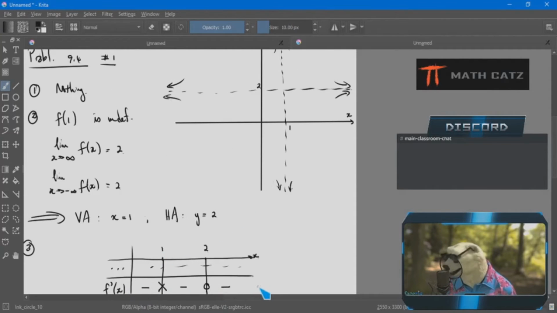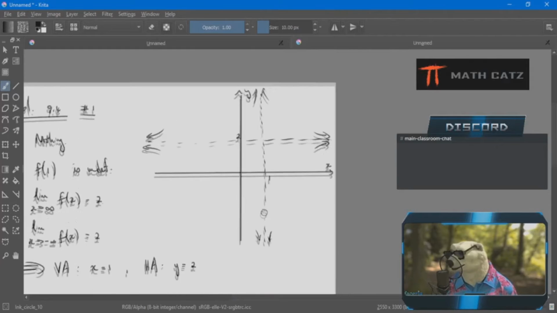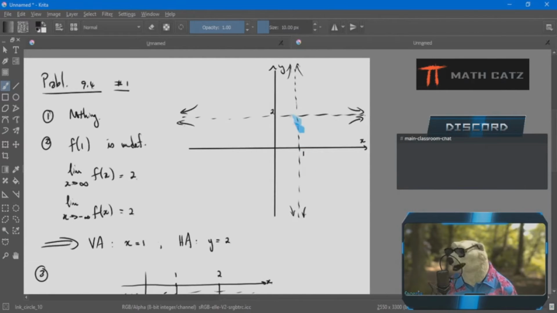So I remember everything's decreasing everywhere. So if everything is decreasing, it can't be this top arrow working left to right for the horizontal asymptote. It can't be that top arrow, because then it would go up. It has to go decreasing down, decreasing to the vertical asymptote.